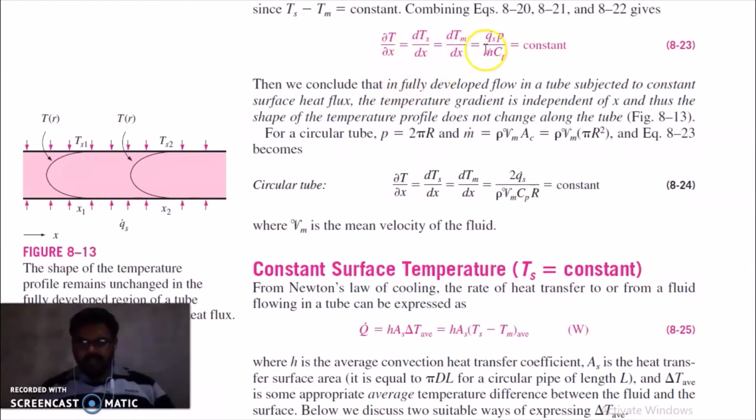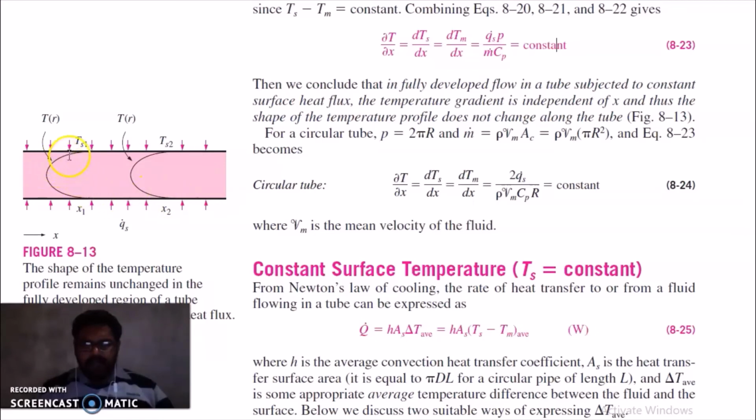So from this equation, we conclude that in a fully developed flow in a tube subjected to constant surface heat flux, the temperature gradient is independent of x, and thus the shape of the temperature profile does not change along the tube. You can see the temperature profile at this location is the same as the temperature profile at the x2 location.